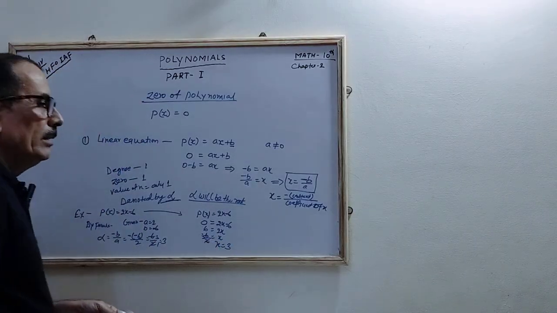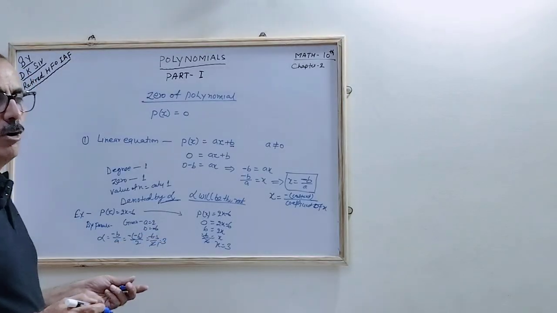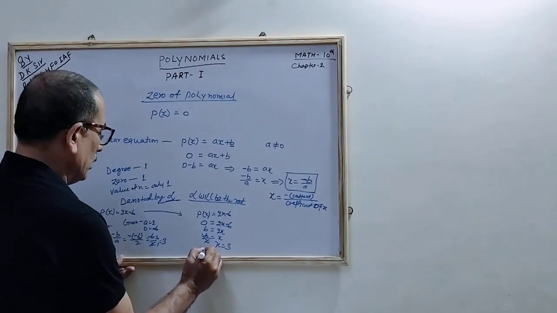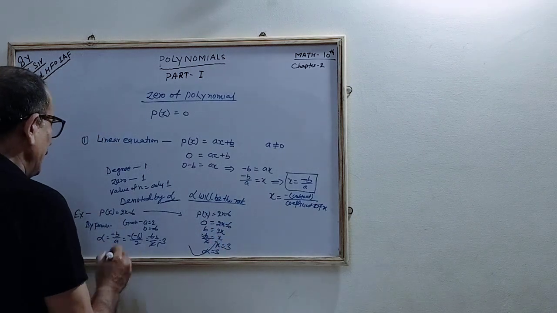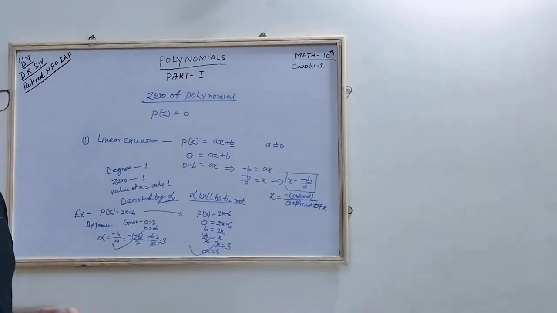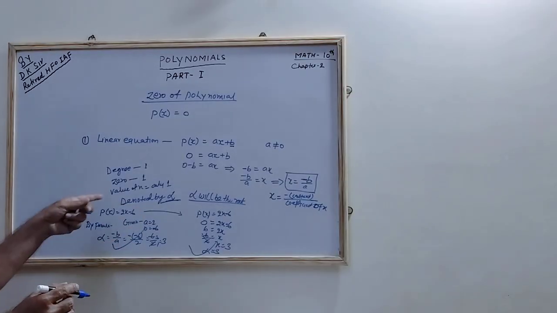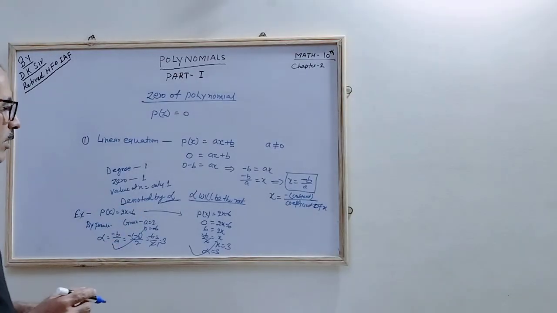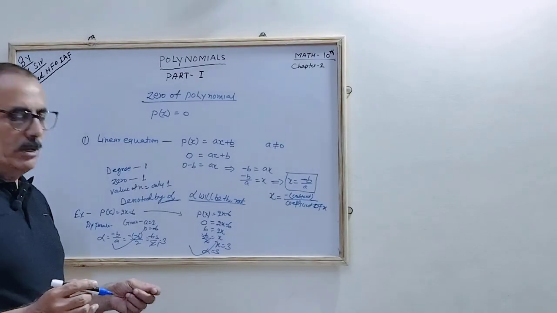You understood? There are two ways by which you can find the value of x. So alpha is equal to 3. Here also you got alpha is equal to 3. So by equating to zero or by using the formula, you can find the x value of the linear polynomial, correct?